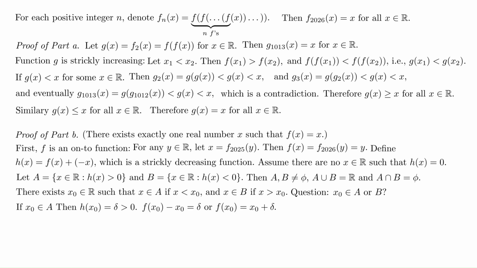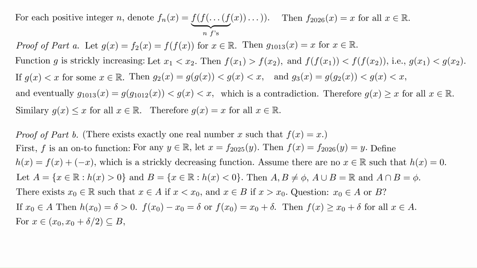By the definition of h, f of x0 minus x0 is delta, or f of x0 equals x0 plus delta. Because f is decreasing, then for all x in A, f of x is greater than or equal to x0 plus delta. We got a lower bound of function f on the set A.